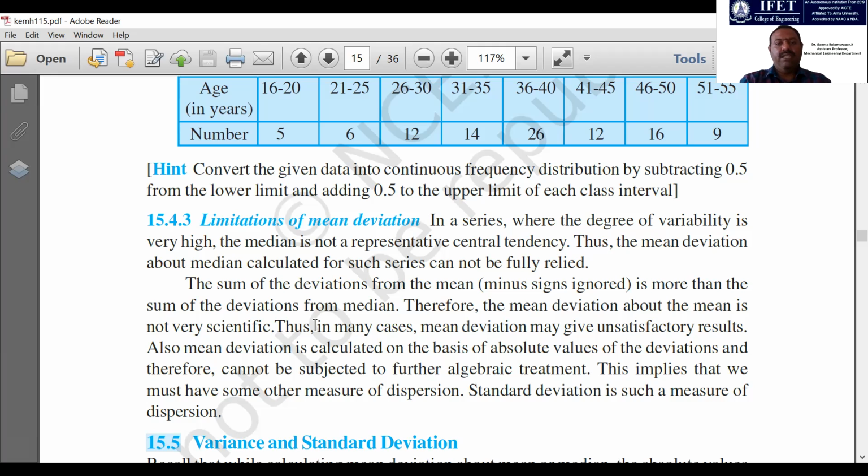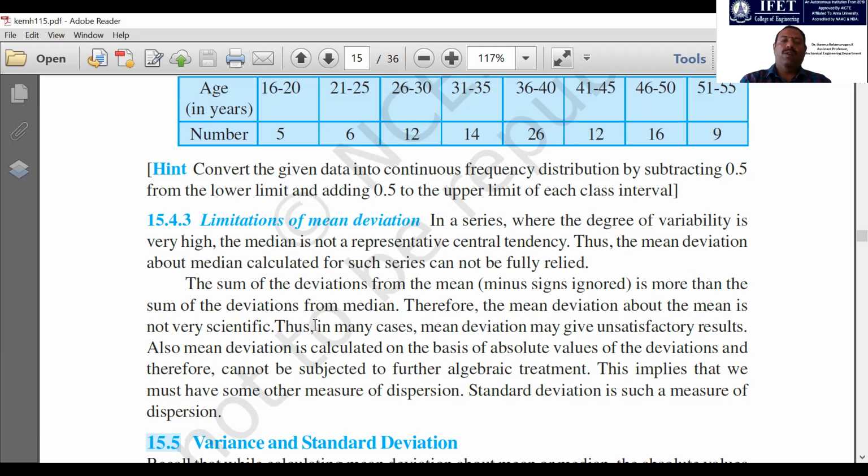The sum of deviations based upon the mean and the sum of deviations based upon the median are not always equal. Sometimes the deviation from the mean value may be more than the deviation from the median value. So there is no matching between these central tendencies.